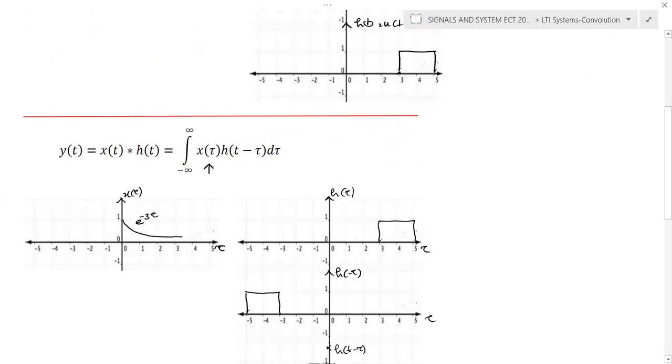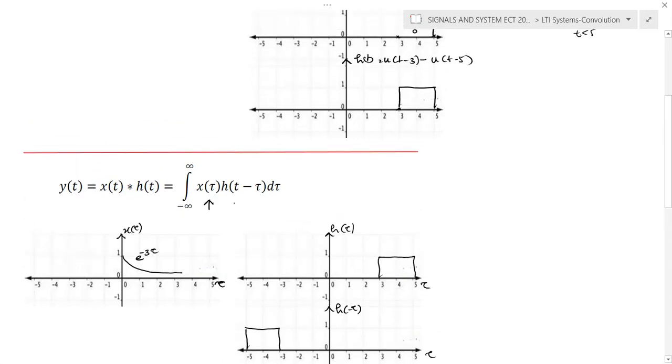Similarly, we require h of t minus tau, which can be written as h of minus tau plus t if you rearrange this. If you know h of t, you can calculate h of tau by simply replacing t with tau. After that, you can calculate the time reversed version h of minus tau. From this, you can calculate the shifted version h of minus tau plus t.